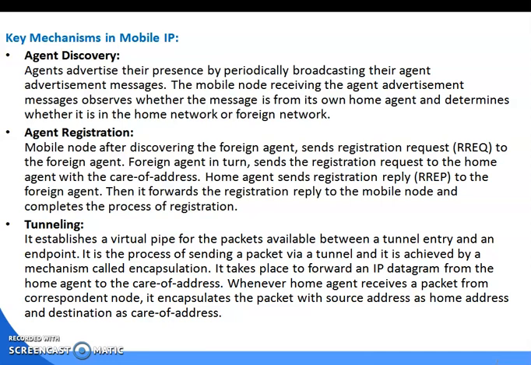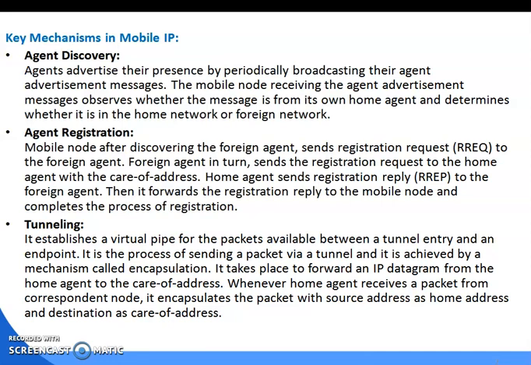That means all routers periodically broadcast their agent advertisement messages, right? From that broadcasting you have to confirm whether the mobile node is present in its home network or in another network.